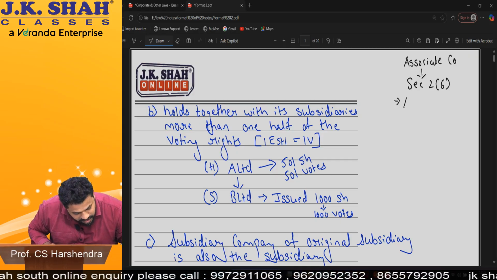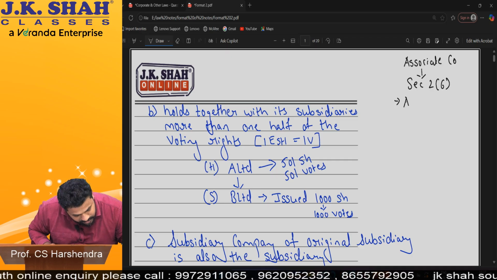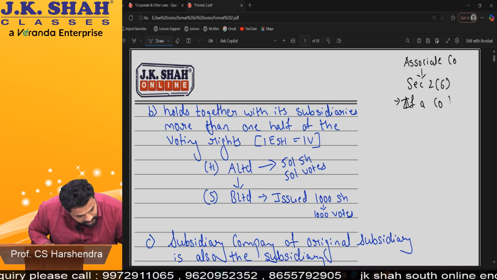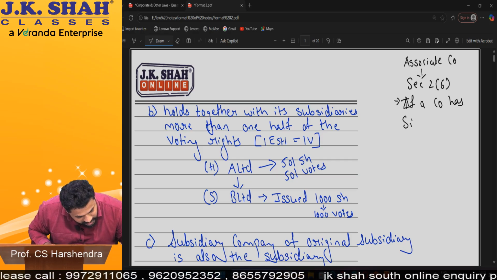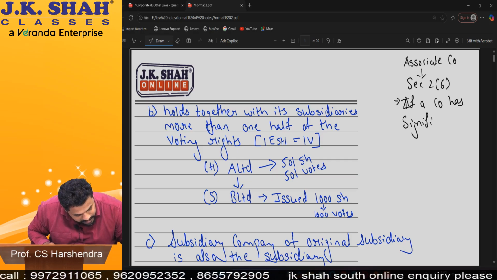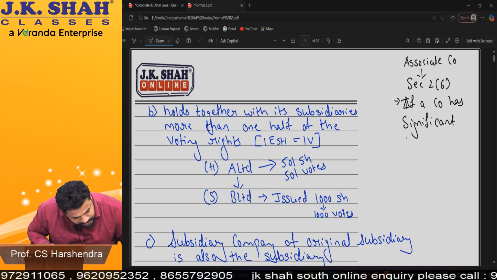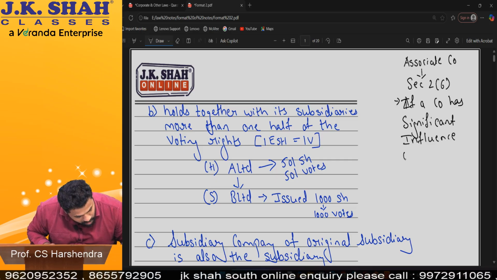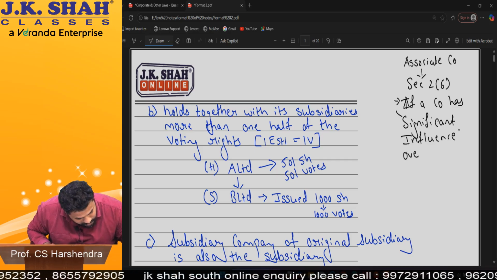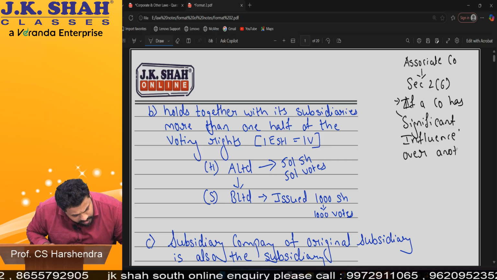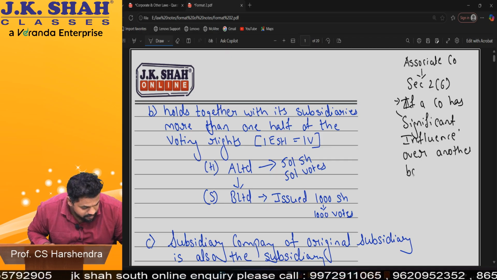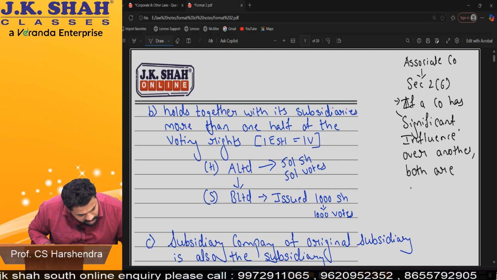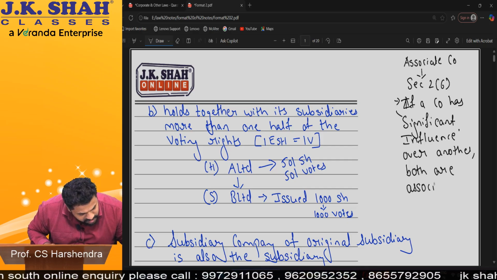Associate company means a company, if a company has significant influence over another, both are, beta, associates of each other.